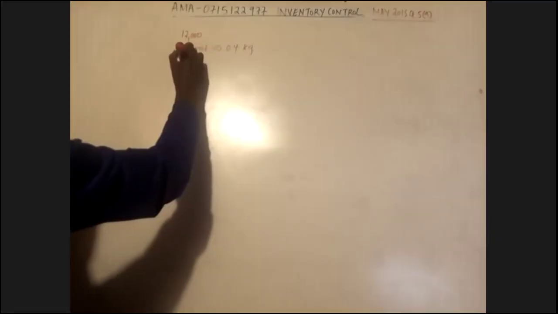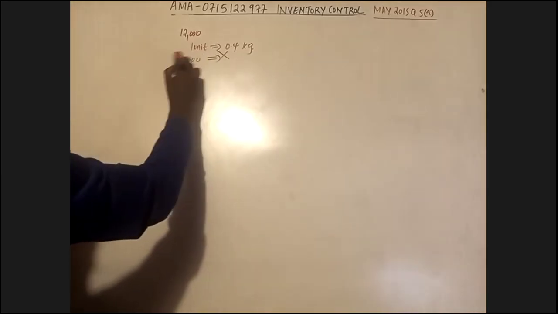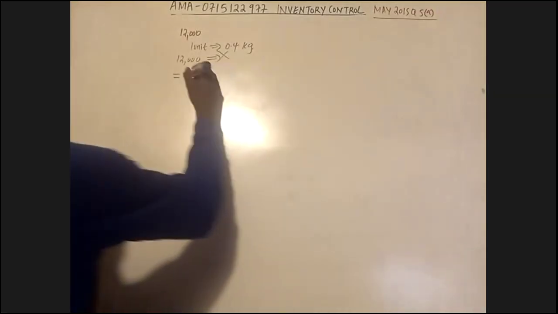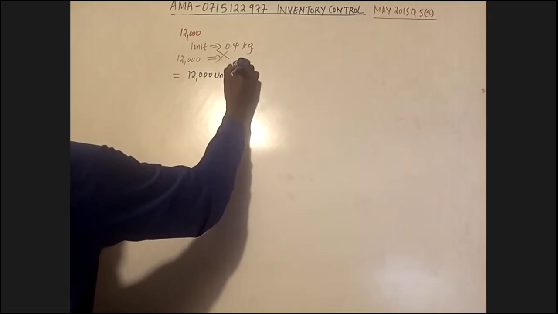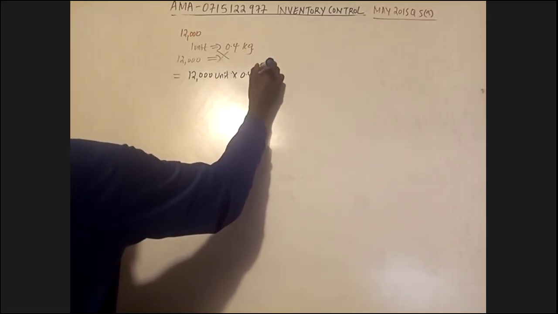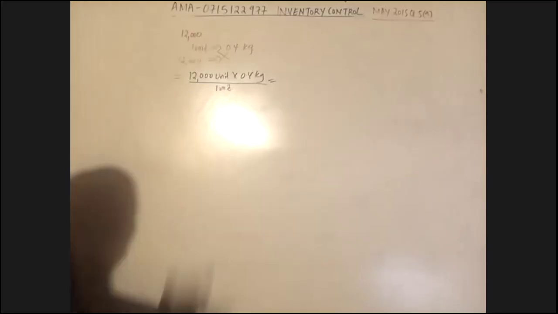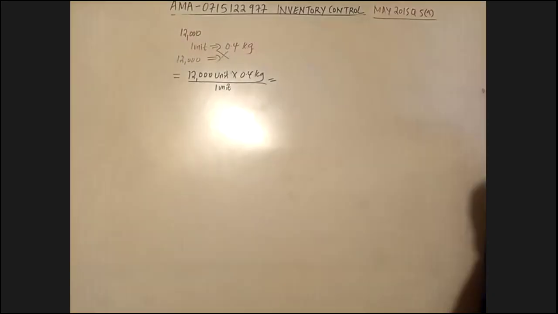What about 12,000? Itakuwa ngapi? How much is that? Convert haraka haraka. Itakuwa ni 12,000 units times 0.4 kg over 1 unit. So inakuja ngapi? Hiyo inakuja ngapi watu wangu? Multiply.